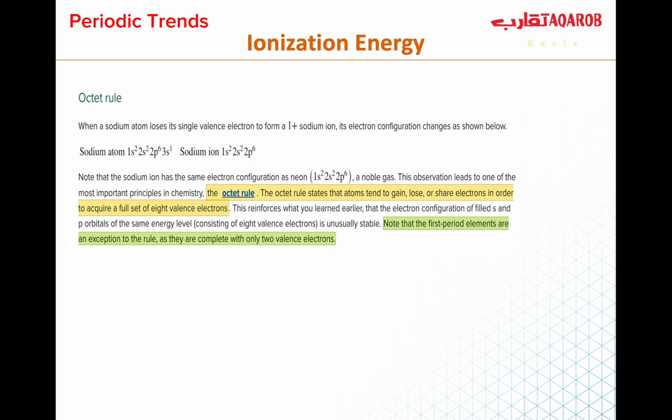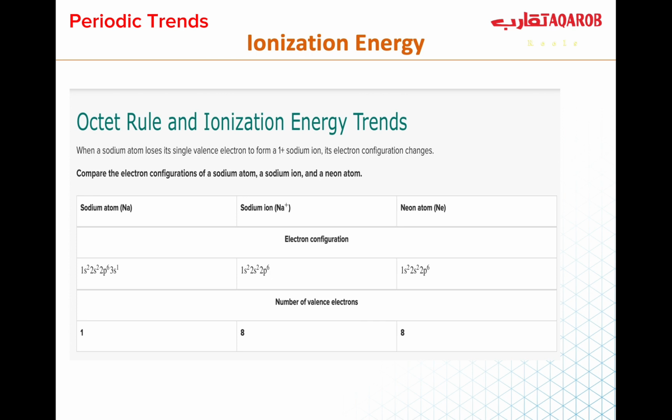This reinforces what you learned earlier, that the electron configuration of filled s and p orbitals of the same energy level, consisting of 8 valence electrons, is unusually stable. Note that the first period elements are an exception to the rule, because they are complete with only 2 valence electrons. So this is the octet rule and the ionization energy trend.